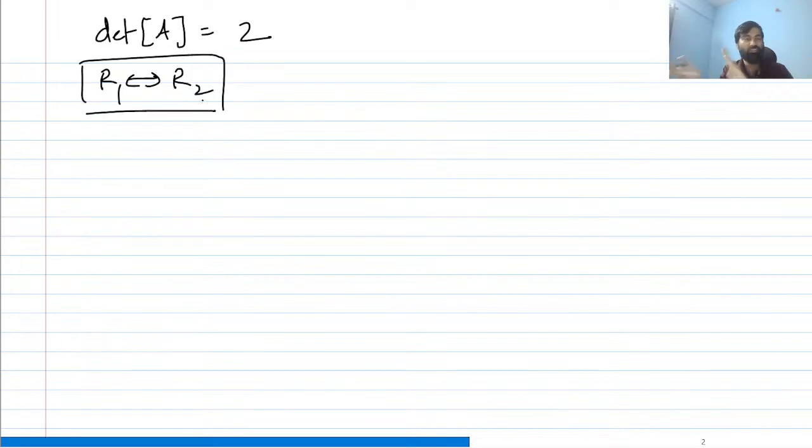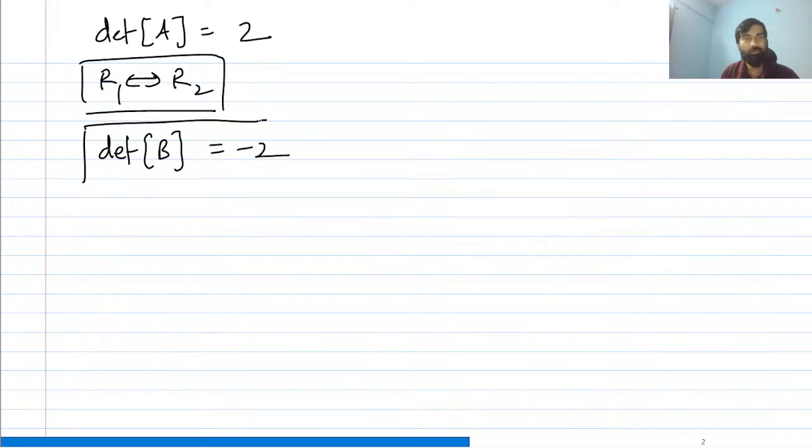If you are switching R1 and R2, what is the det of matrix B? So det B will be equal to -2.